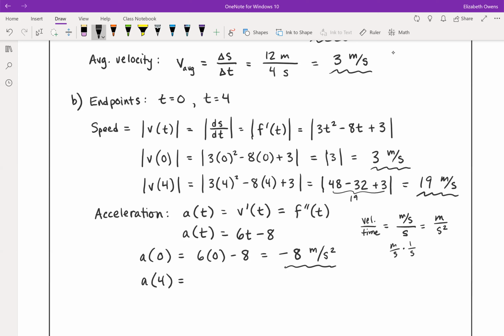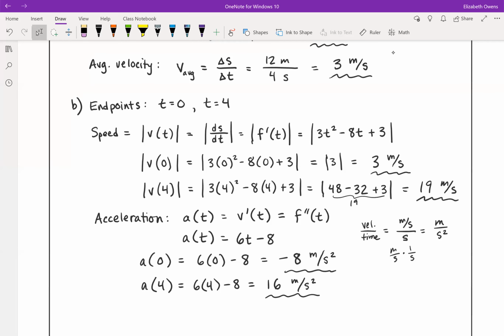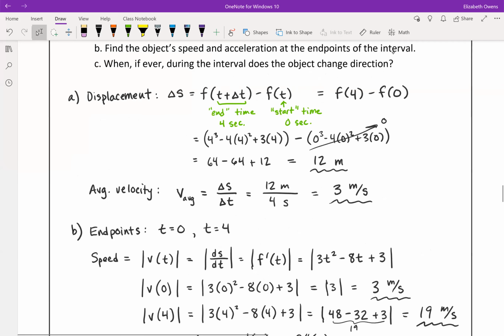And then at our other endpoint, 4, we'll plug that in. 6 times 4 minus 8, that would be 24 minus 8, which would give us 16 meters per second squared. Okay, so there's our accelerations at the endpoints. Then if you wanted to, you could use those to find like an average acceleration or something like that if you needed. But yeah, there's acceleration.